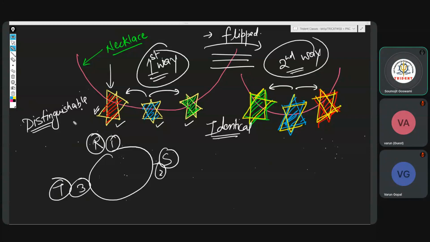So again, logical, right? In a necklace also, suppose I have three different types of beads. Suppose I have a necklace like this, and I have one bead like this, another bead like this, and one more bead like this.